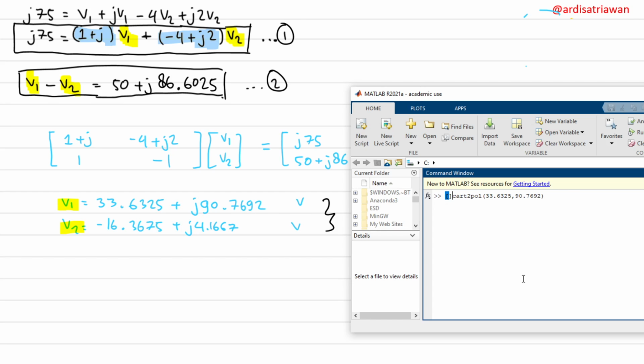Then we will have the angle in radians, and this is the amplitude.